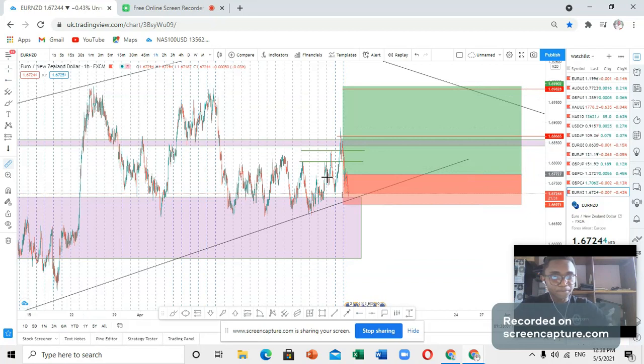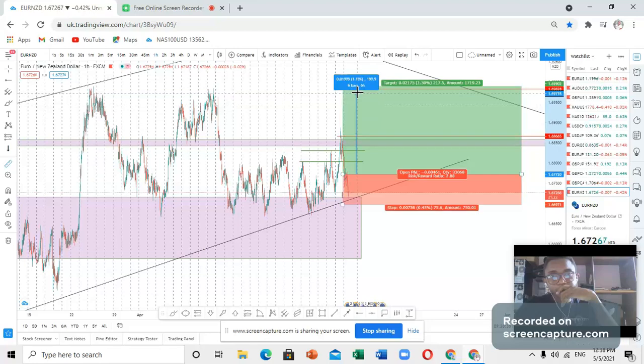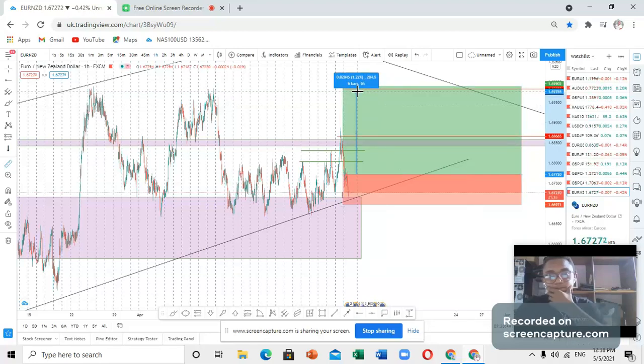So you can see, I'm risking 726 pips to gain up to 2045 pips. That is the risk for those who are using a lot size of 0.01.